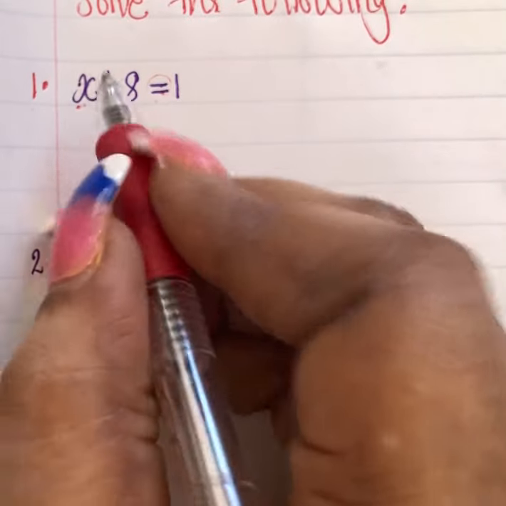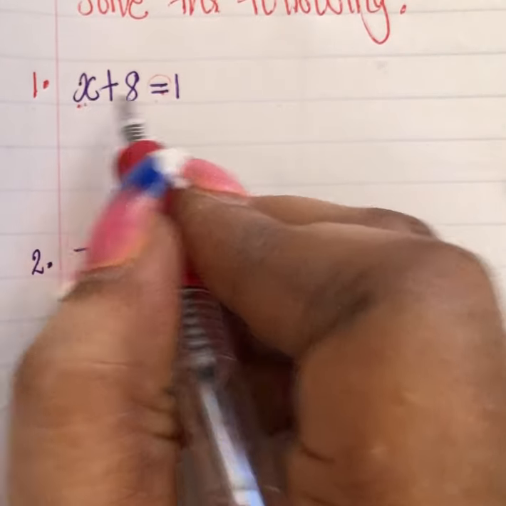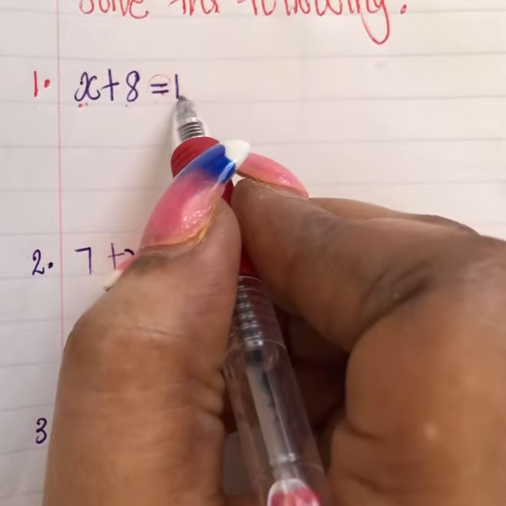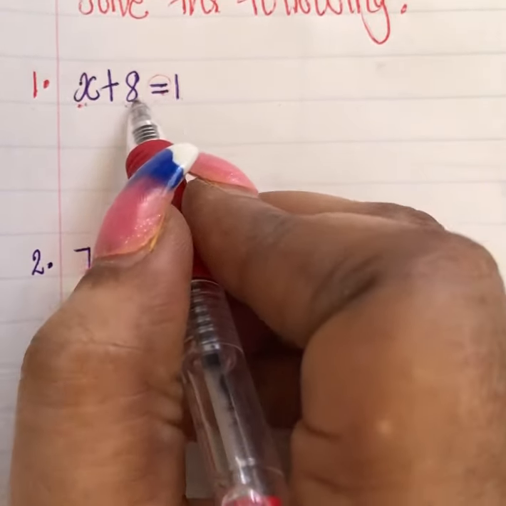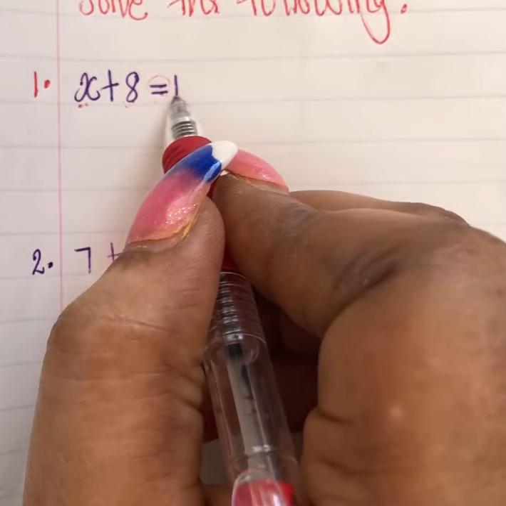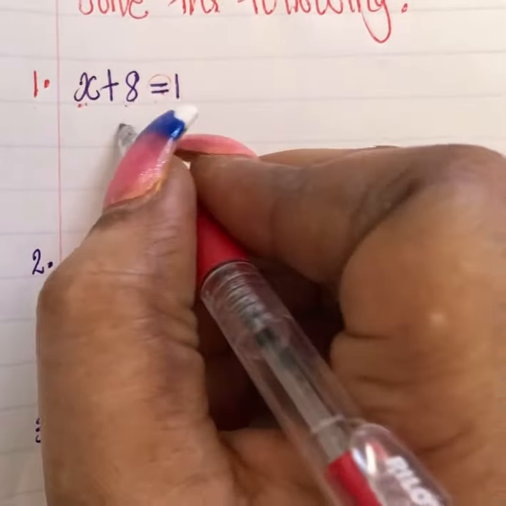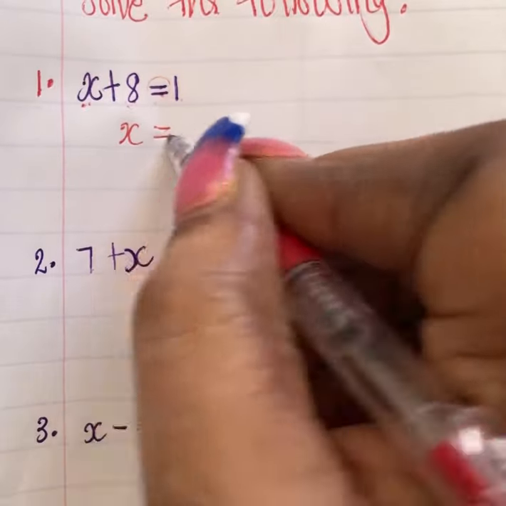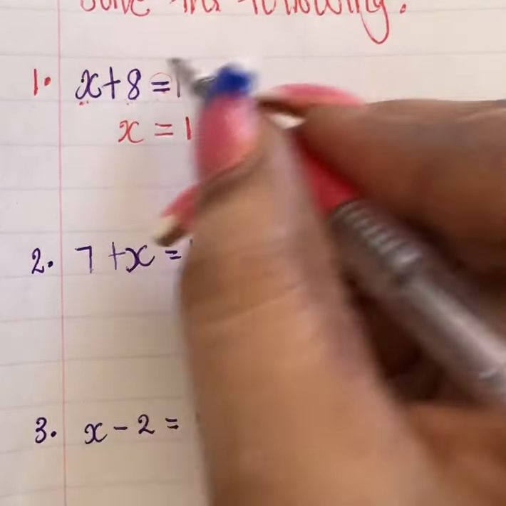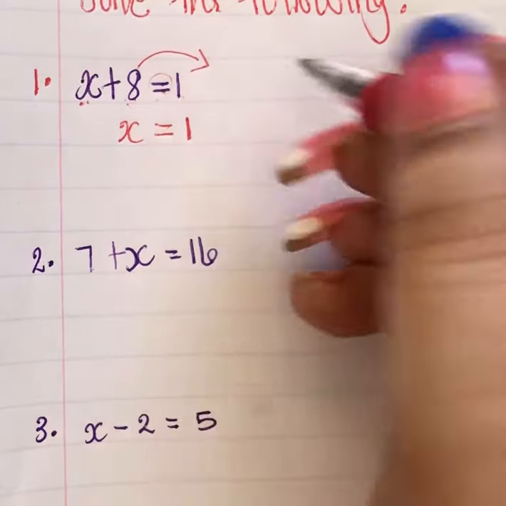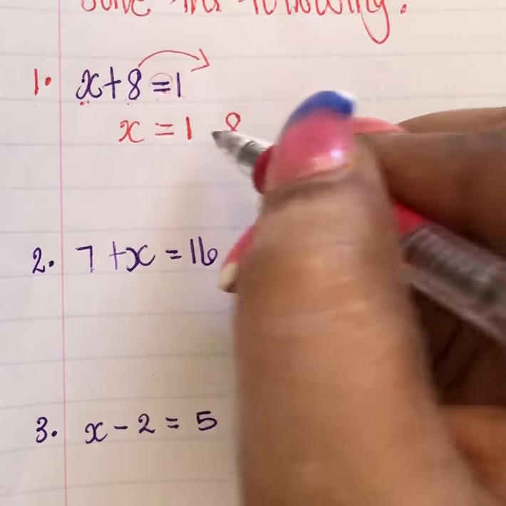For now, let us look at our unknown and our constant terms. We have two terms that are alike, and they are constant terms, 8 and 1. So I keep x on the left, I keep 1, and I take 8 to join the 1.